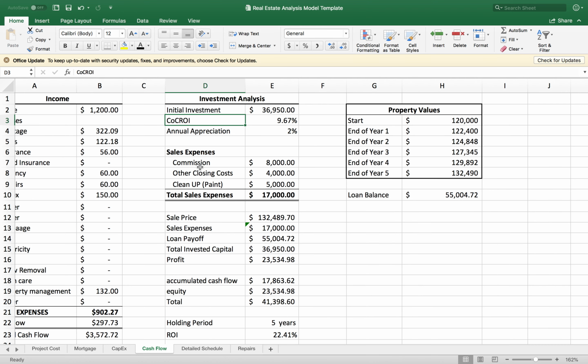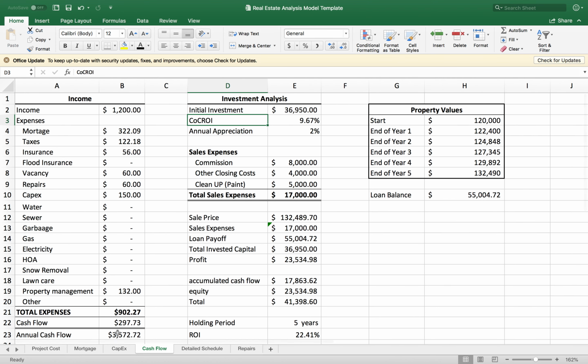Let's take a moment to figure out how to calculate your annual cash flow. The first thing you want to do is record your income revenue from your tenants, from the spaces that you're renting. In this example, we are making $1,200 per tenant, and let's assume that we only have one tenant.